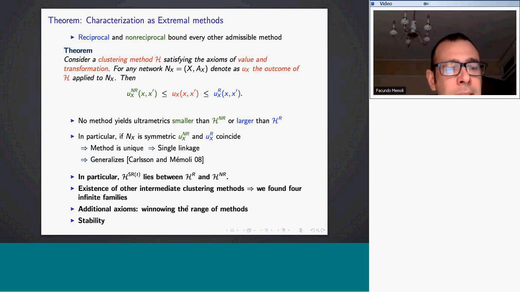I'm going to say that next. Suppose that you have methods satisfying a selection of axioms. Further, we want to understand whether the method is also stable in some sense. It is important that the methods have to be stable. So we also have stability as a separate property of methods.